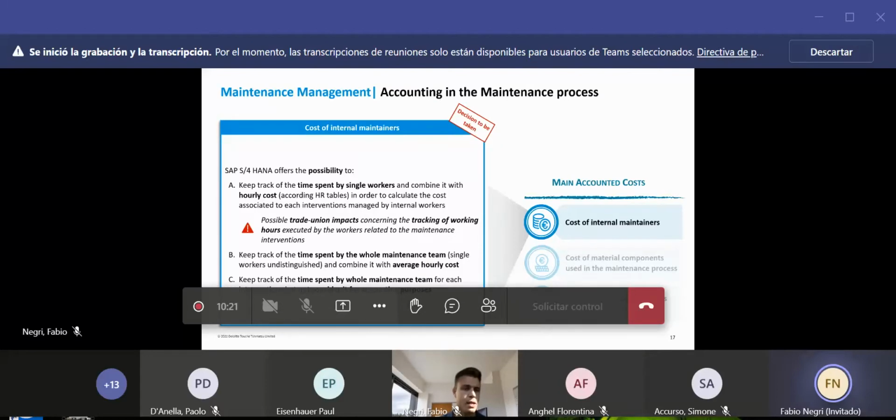The first one is the most accurate one, because there is the possibility to keep track of the time spent by the single worker. Here we are talking about the name and surname of the single workers, combined with the hourly cost given by the HR tables.